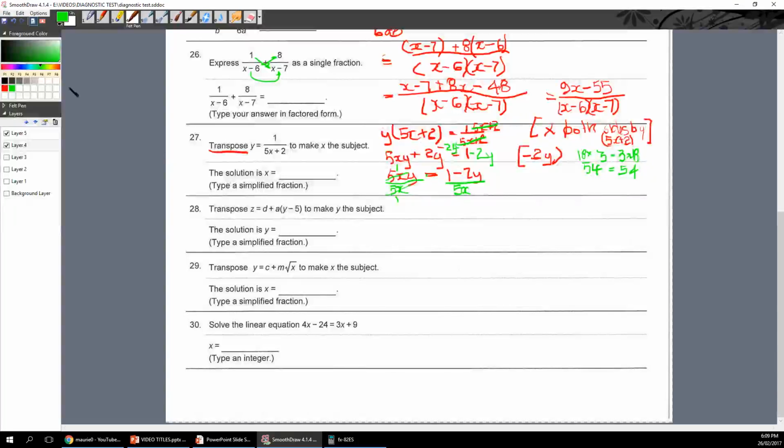So x equals, and I'll just put the answer here just to tidy it up, x equals, we want x in red, not green, x equals 1 minus 2y over 5x.